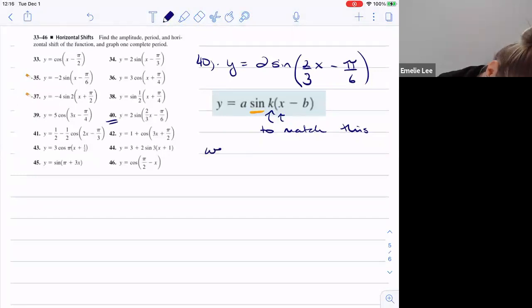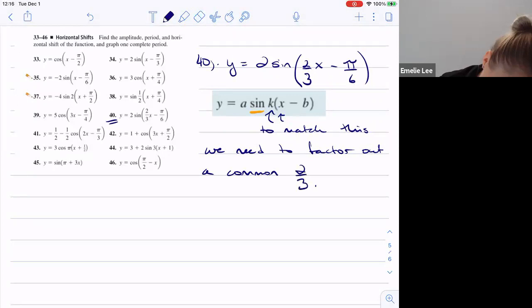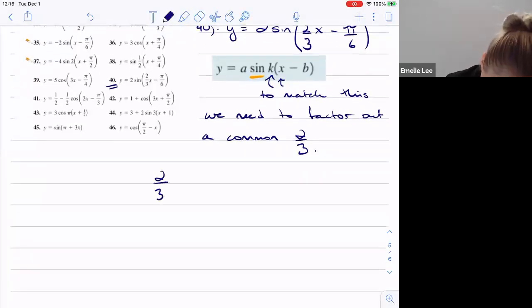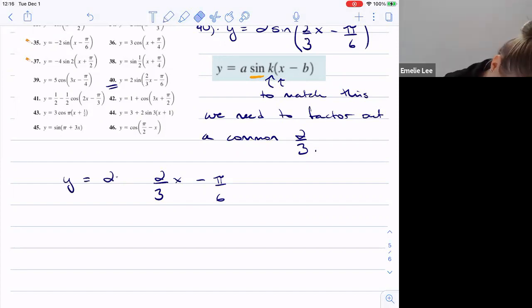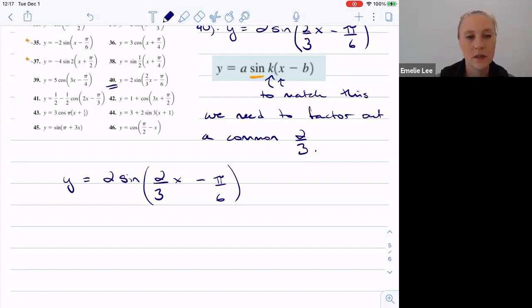So to match this, we need to factor out a common 2/3 from 2/3x minus pi/6, and maybe I'll write out the whole function, y equals 2 sine of this. Okay.